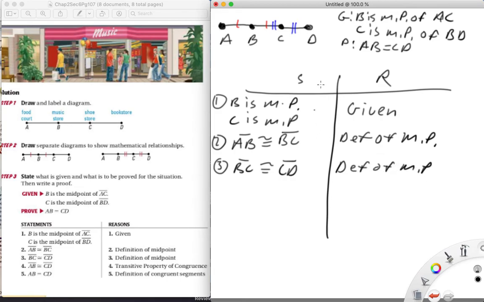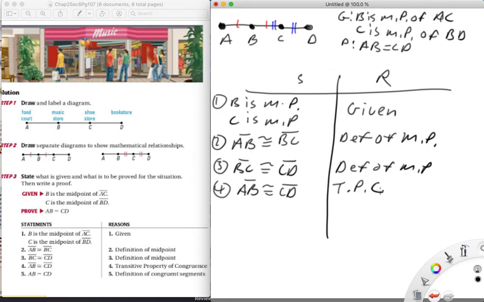Okay, well, if AB is congruent to BC and BC is congruent to CD, then we can say that AB is congruent to CD. And we can say that because of the transitive property.